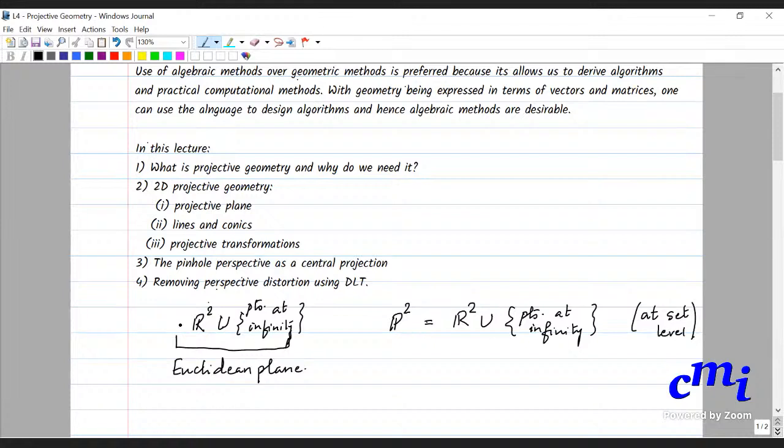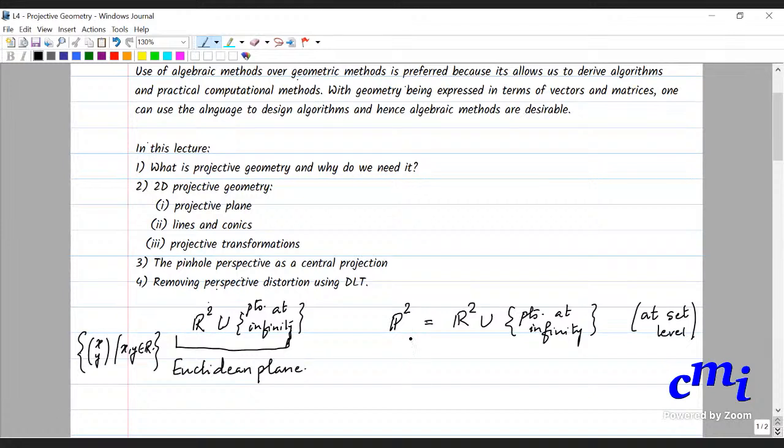Now, how do you write points in the Euclidean plane? In the Euclidean plane, you write points as pairs x comma y. Let me write it as a vector: (x, y), where x and y are both in R. This is how you express a point in the Euclidean plane.